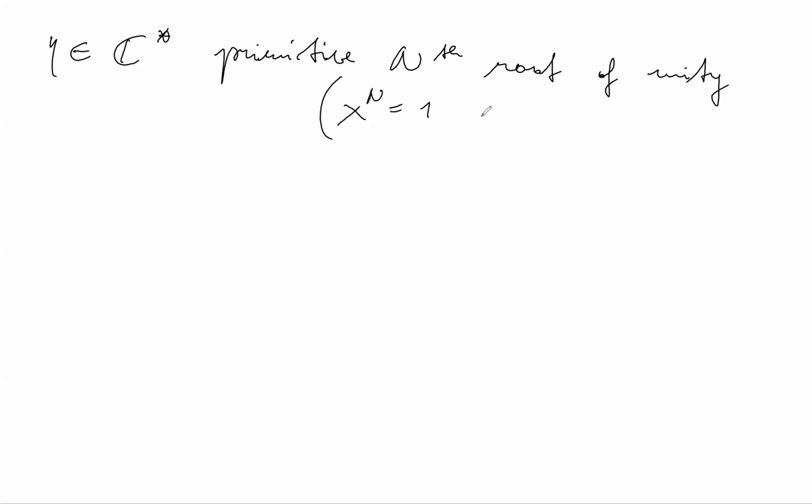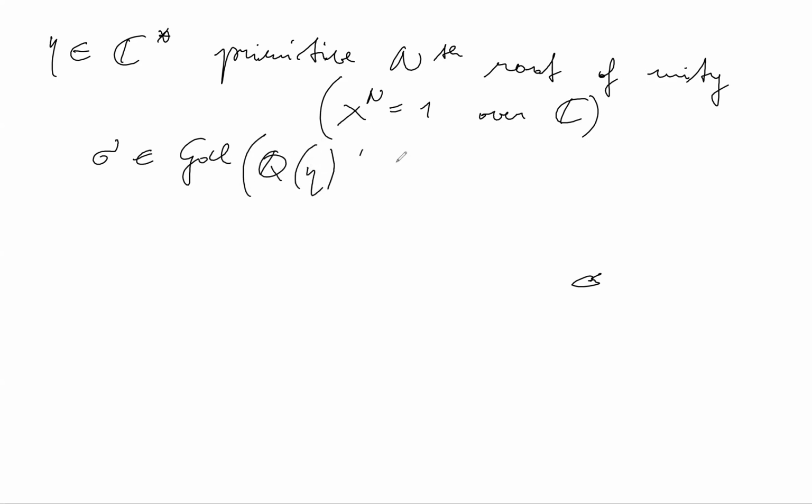So what I'm going to take is eta in C, which is a primitive n-th root of unity, basically a solution of this equation over C. And then I take an element sigma in my Galois group of Q(eta) over Q. Then if I act by sigma on eta, this is another primitive n-th root of unity.